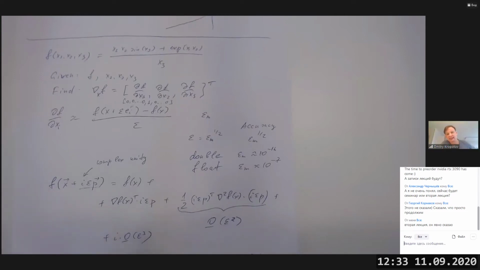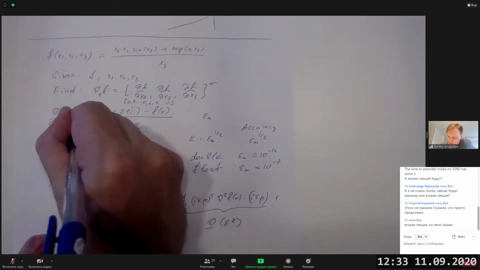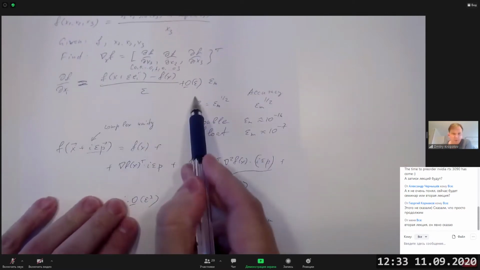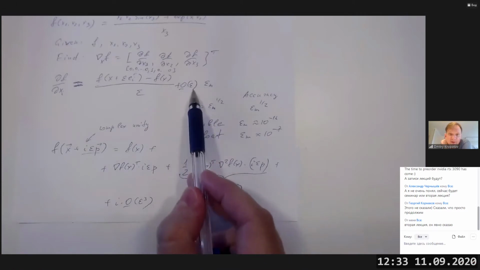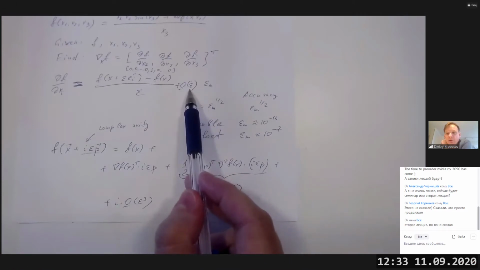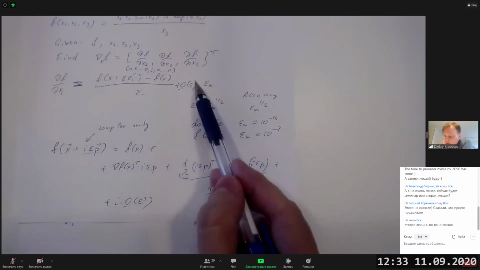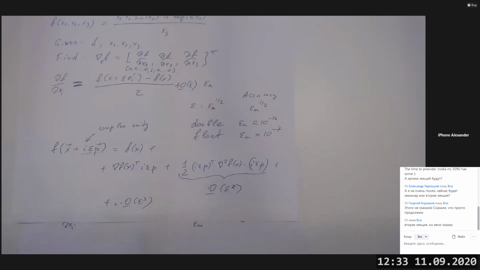Well, it is possible to derive this thing because if you consider different epsilons here, the true expression will be like this. So here you have a linear dependence on epsilon. If you try to decrease epsilon, you decrease this term, but only up to some point.